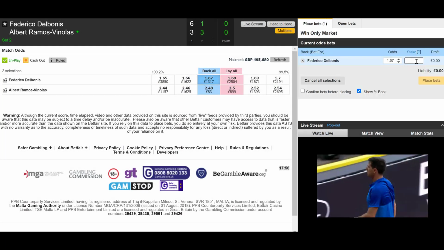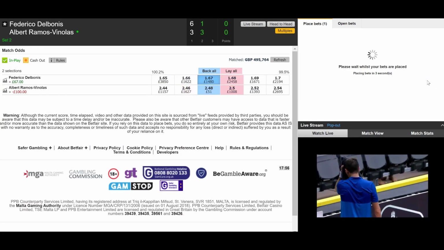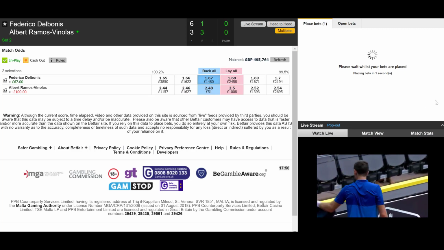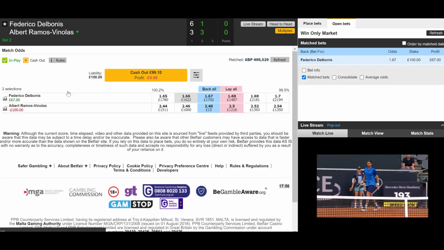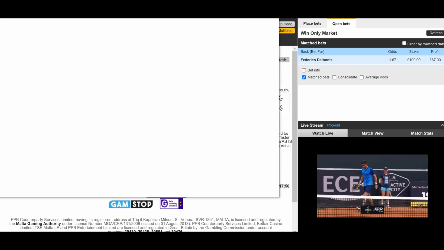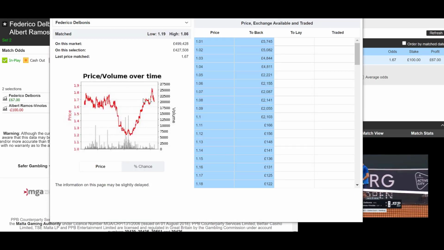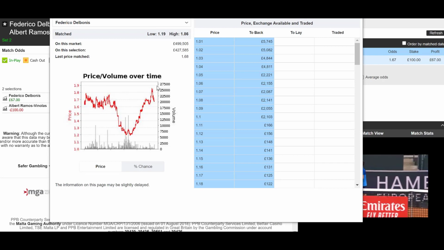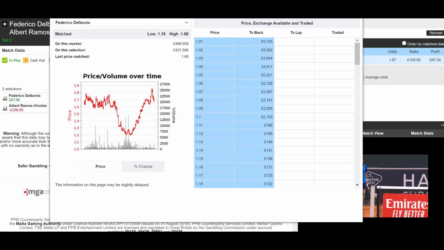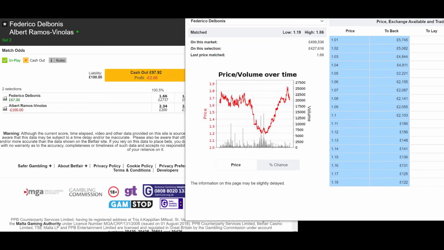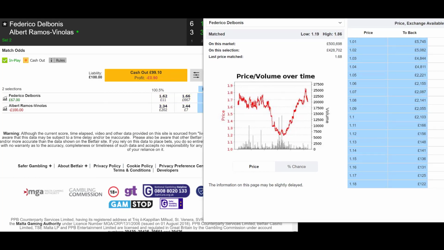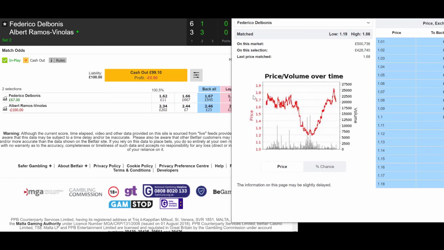So we're going to back Del Bonis in this one at 1.67, and his price has hit some resistance. It can still go higher, but it's hitting that point of resistance at this very moment. He's won the first set. He's a break point down in the second set, so the markets are starting to assume that we're going to head to a third set, and probably by then both players will be around evens, or maybe Del Bonis will be around 1.9.